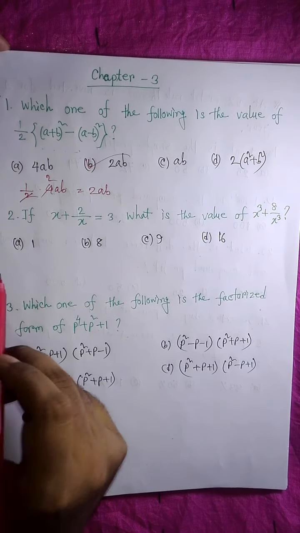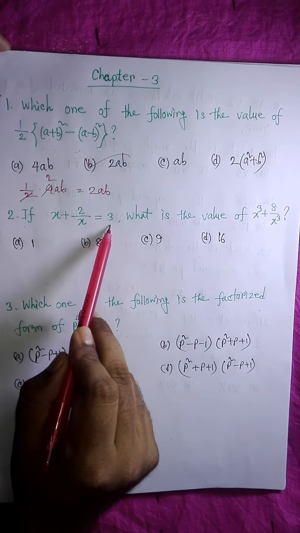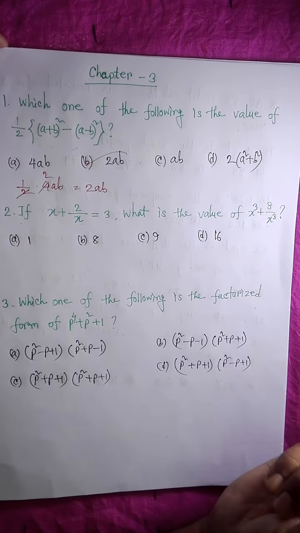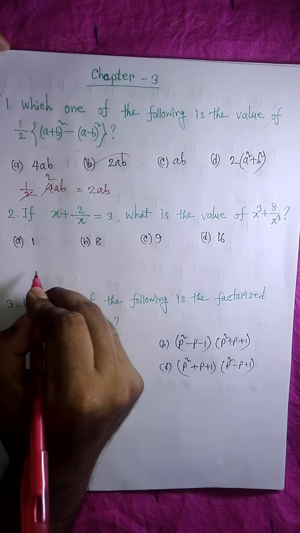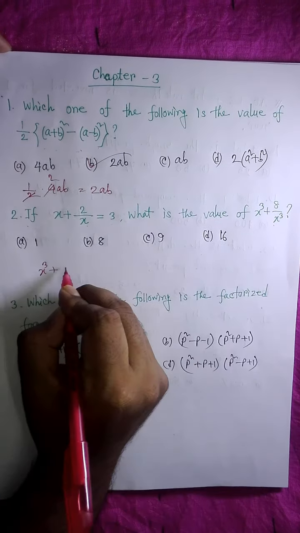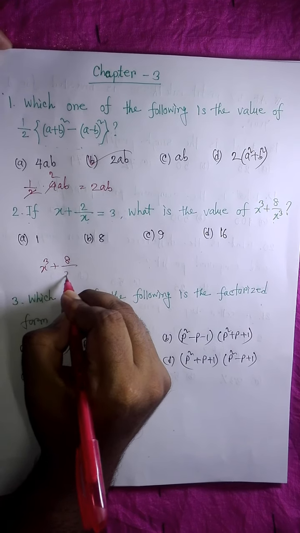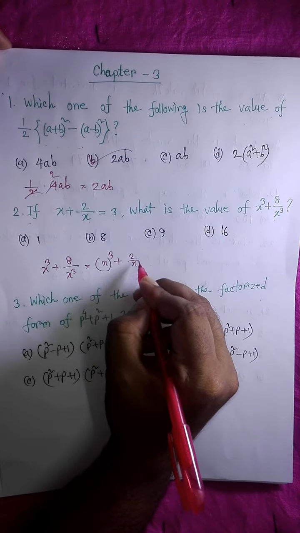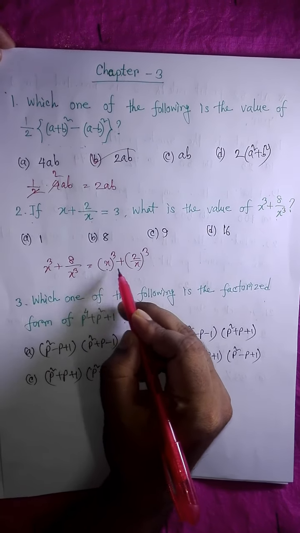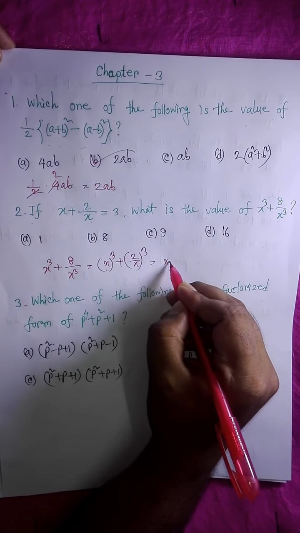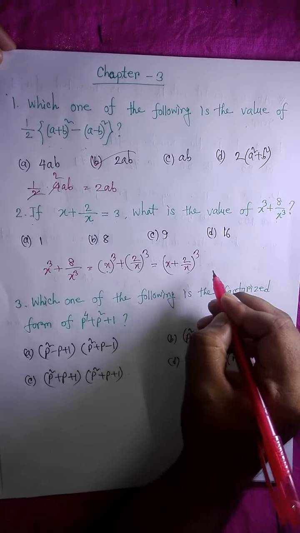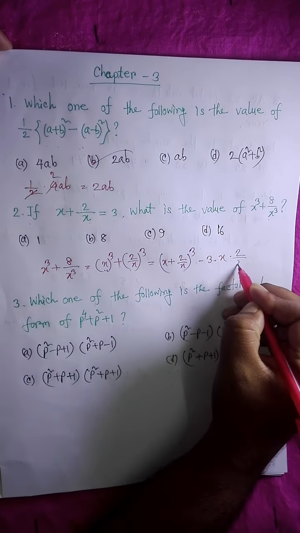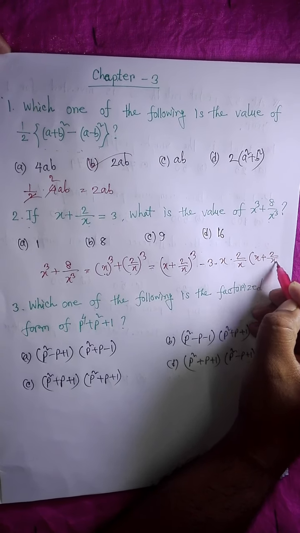Now second question: if x plus 2 by x equals 3, what is the value of x cube plus 8 by x cube? Let's try to solve it. We can write this as (x) whole cube plus (2 by x) whole cube. Now the a cube plus b cube formula: (a plus b) whole cube minus 3ab into (a plus b).